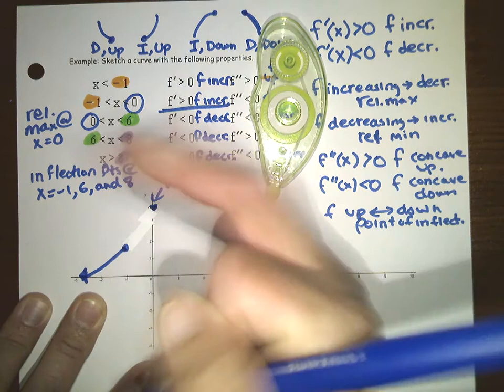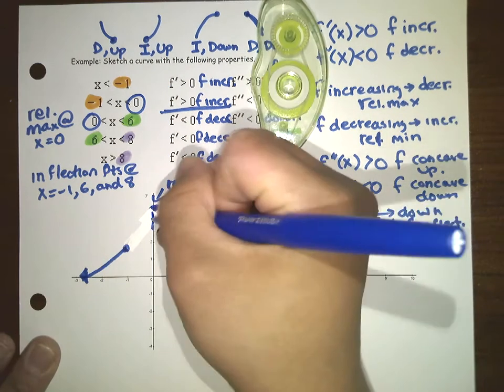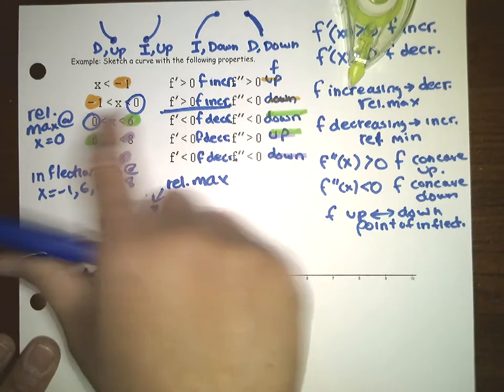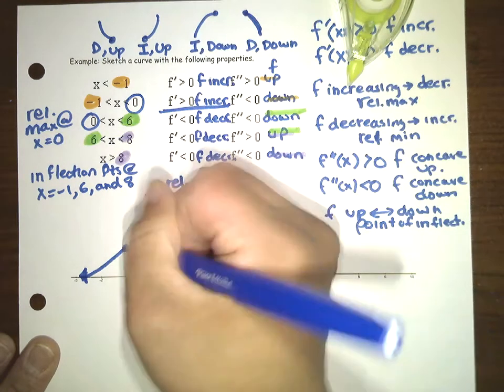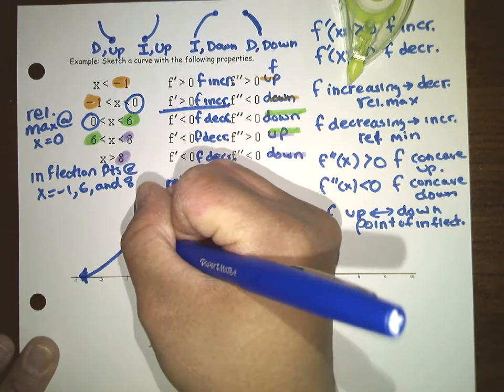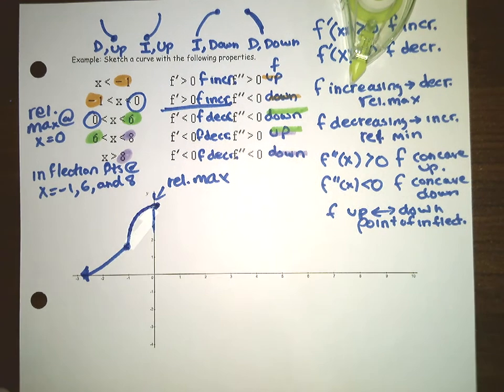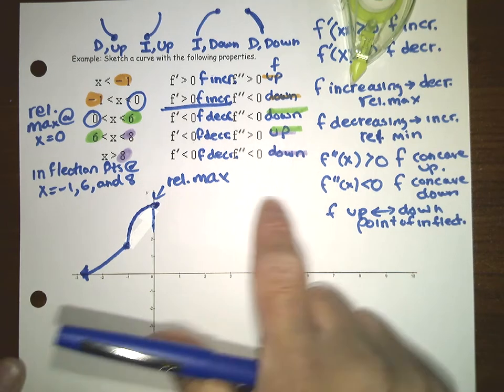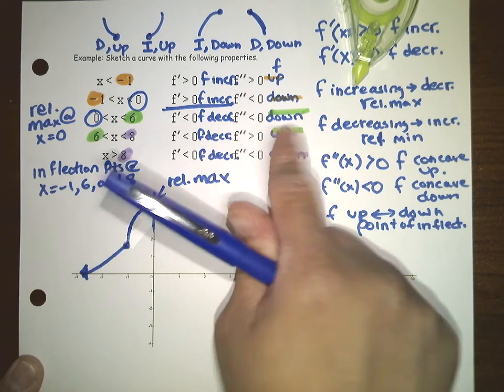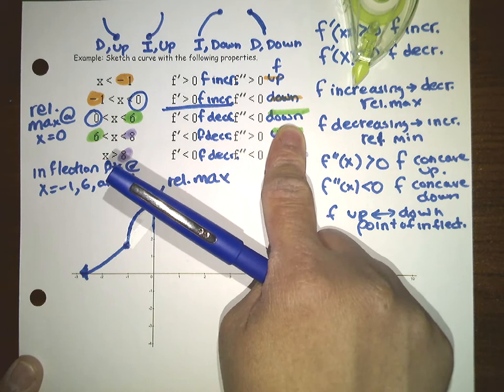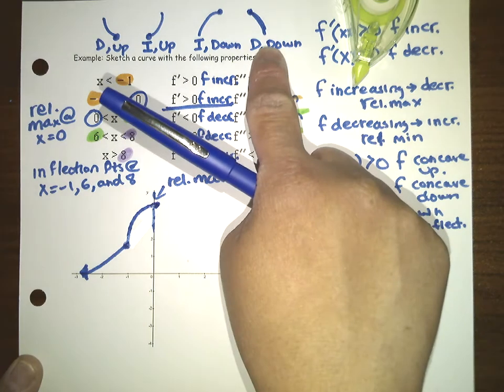So then from -1 to 0, I want increasing and concave down. So I want it to look like this. So I'm going to draw something that looks like this. And then from 0 to 6, I want decreasing and concave down. So decreasing concave down looks like this.